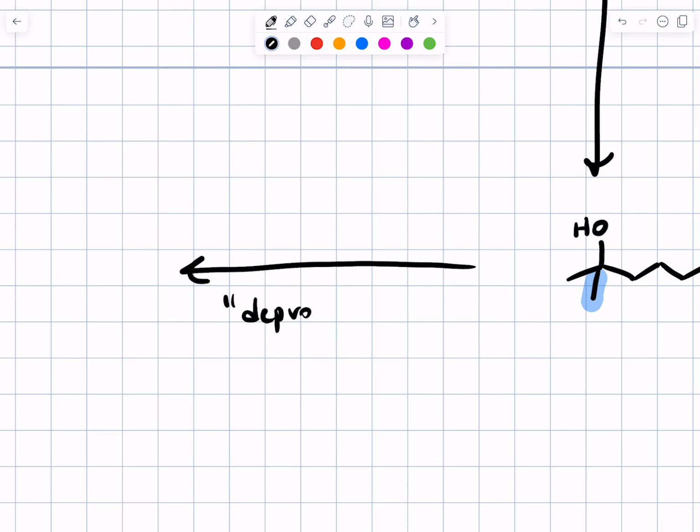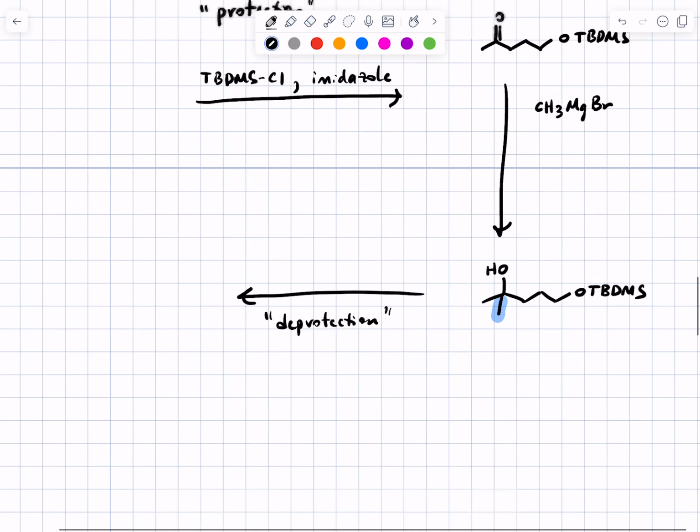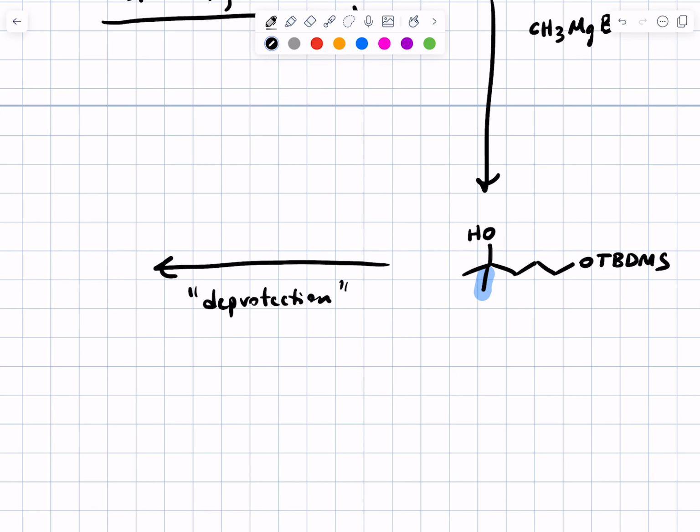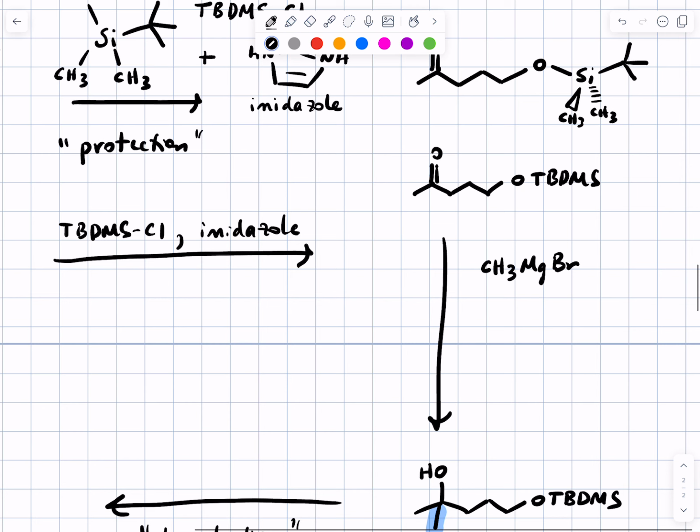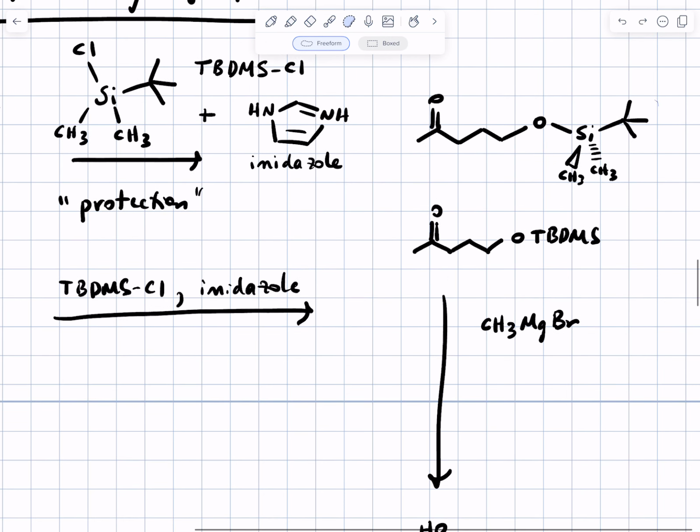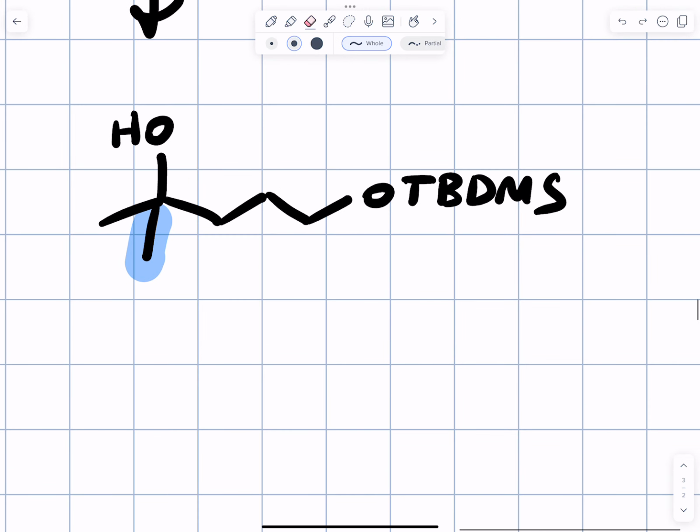Deprotection. I won't show you the mechanism of this deprotection reaction. It's known, but it's not particularly useful or important for what we want to do. I'm actually going to copy that, to illustrate it.